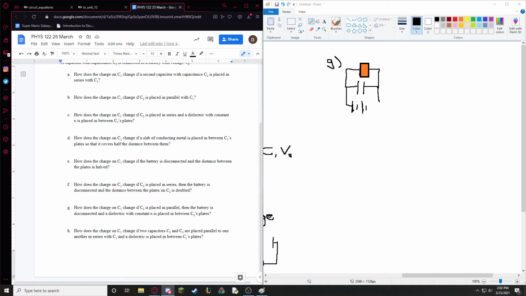All right. So we're first connecting C2 in parallel, then we're disconnecting the battery, and then we're placing our dielectric in between C2's plates.